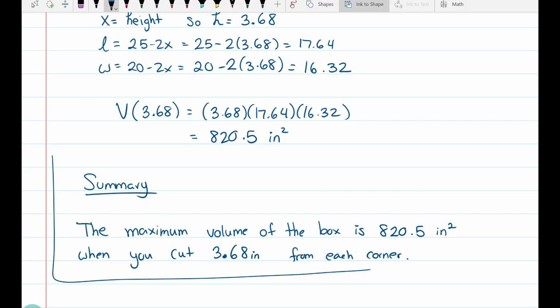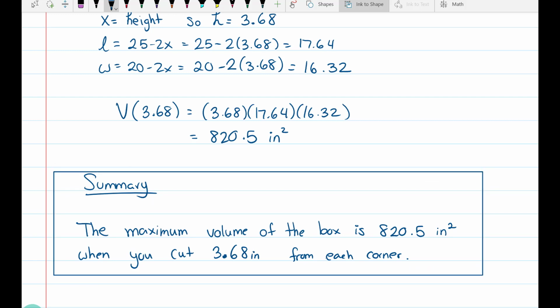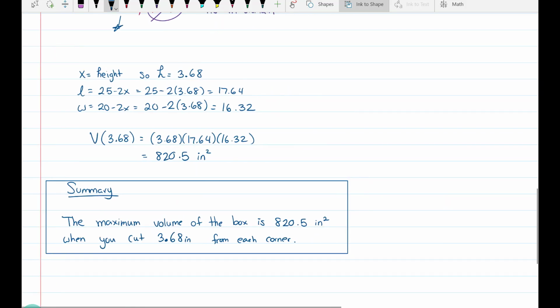And here is your answer. You must answer your questions in a summary, unless it's a multiple choice, then you don't have to. So that's how you optimize the volume of a box.